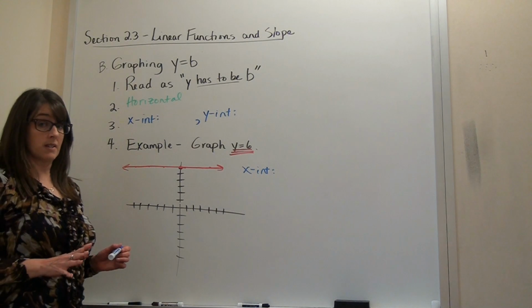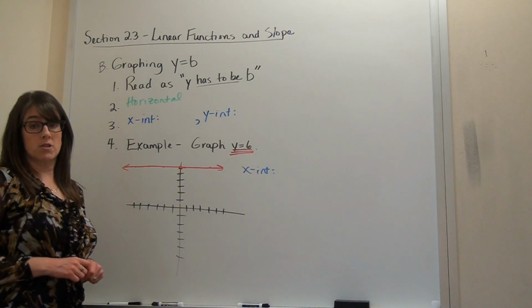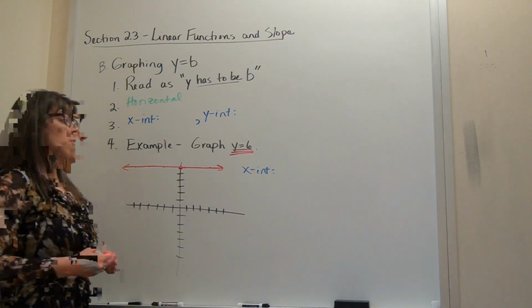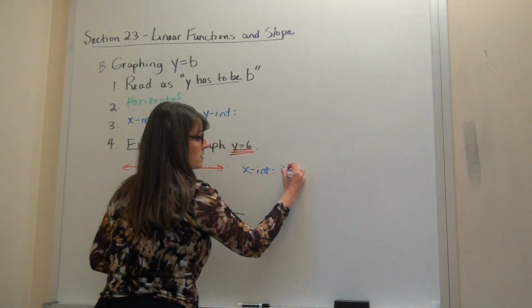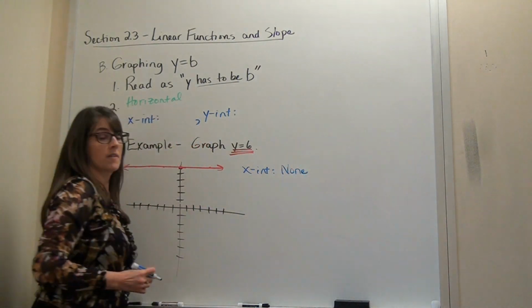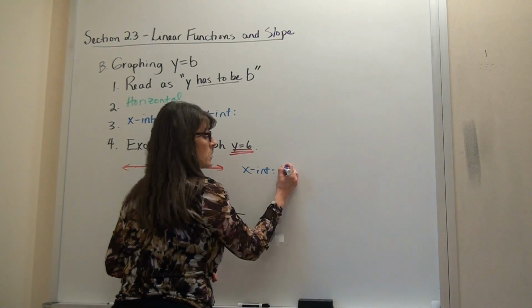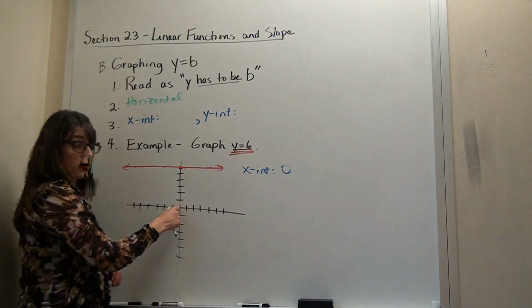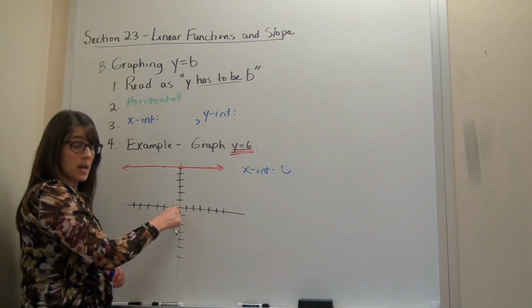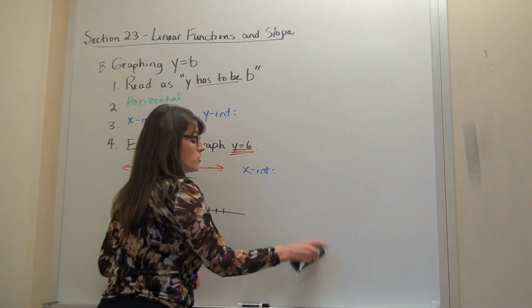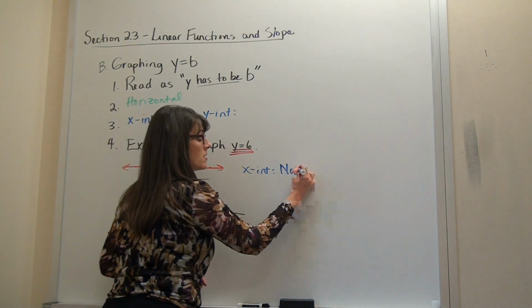You're right, it doesn't. So how would we express the x-intercept? We would express it as none. Don't express your x-intercept as 0, because that is saying it's crossing right here at 0, and that's not what's happening. It's not crossing at all, so you simply express that there is no x-intercept.